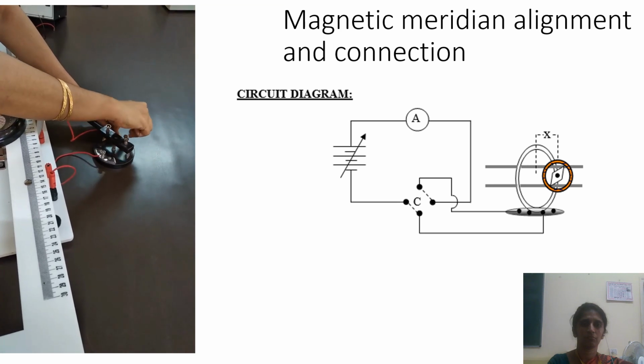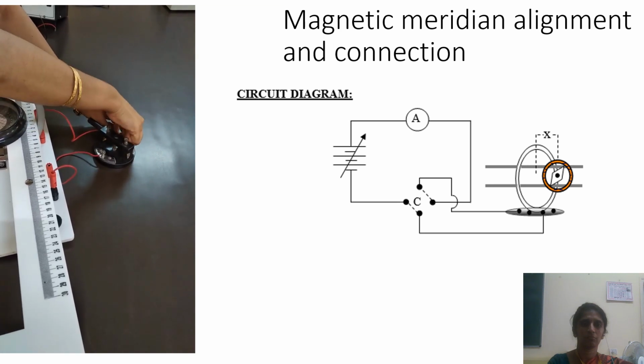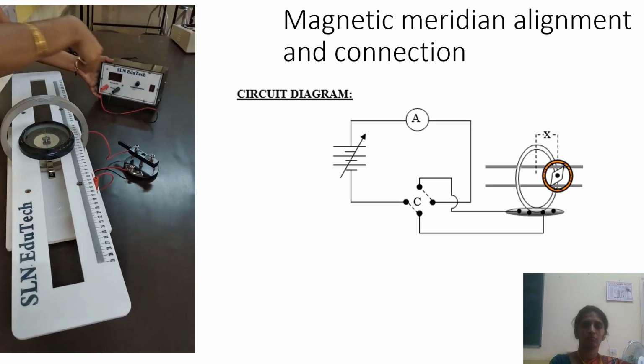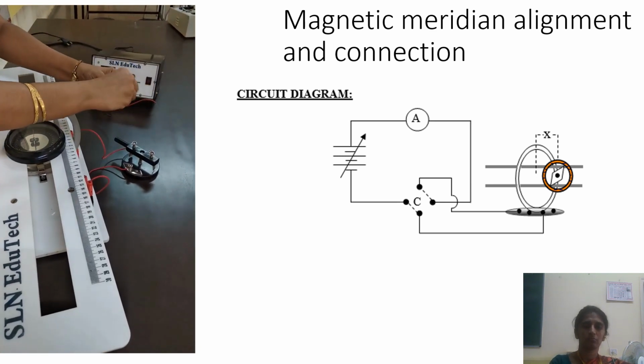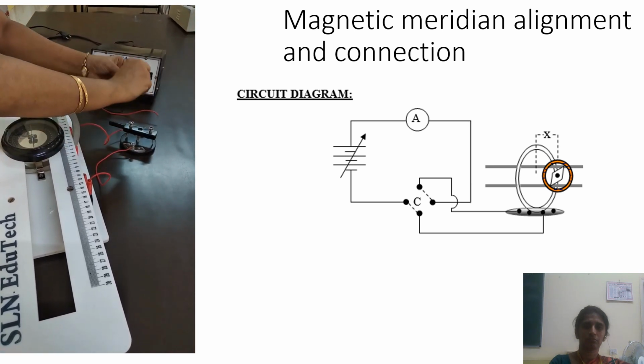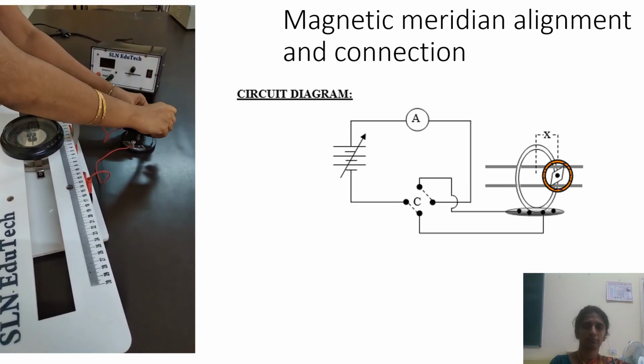And the battery: you must connect the battery terminals to the upper leads of the commutator.